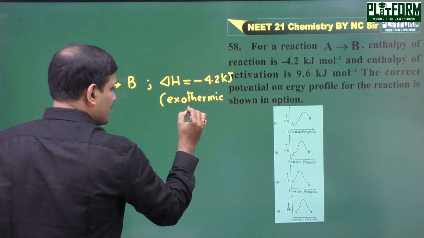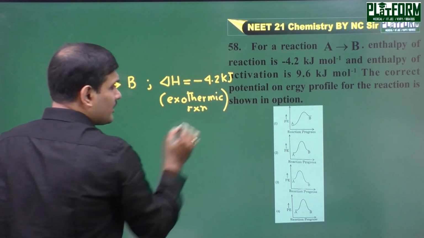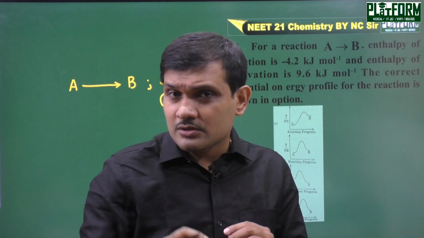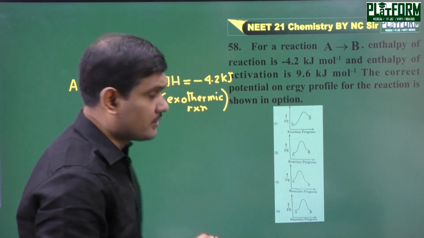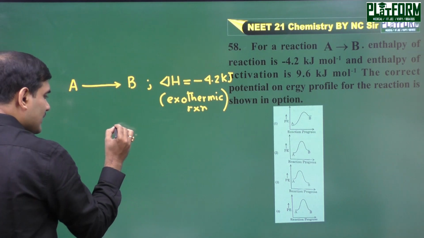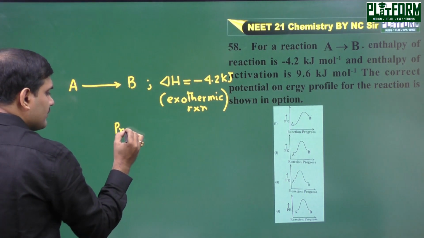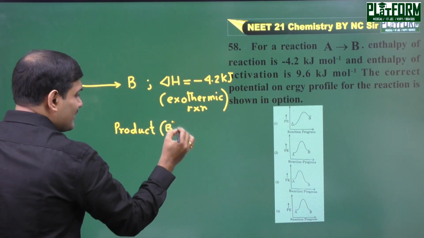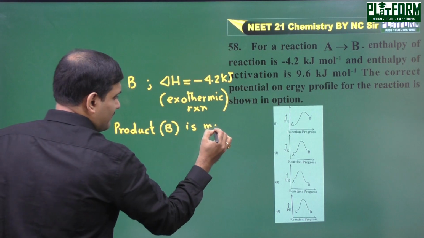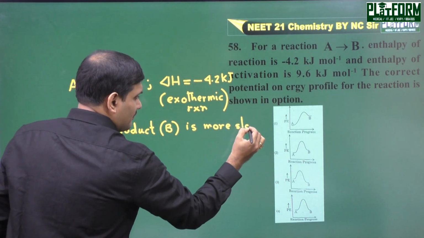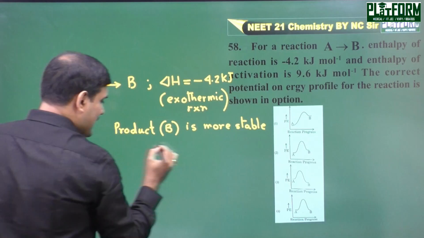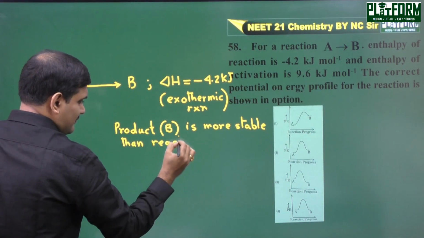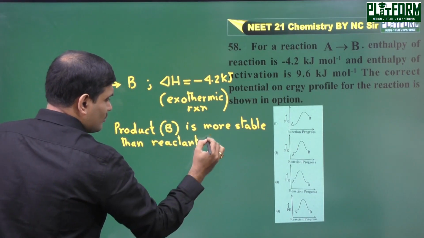Definitely it is an exothermic reaction, and in an exothermic reaction, products are more stable compared to reactants. Here the product, that is B, is more stable than the reactant, that is A.